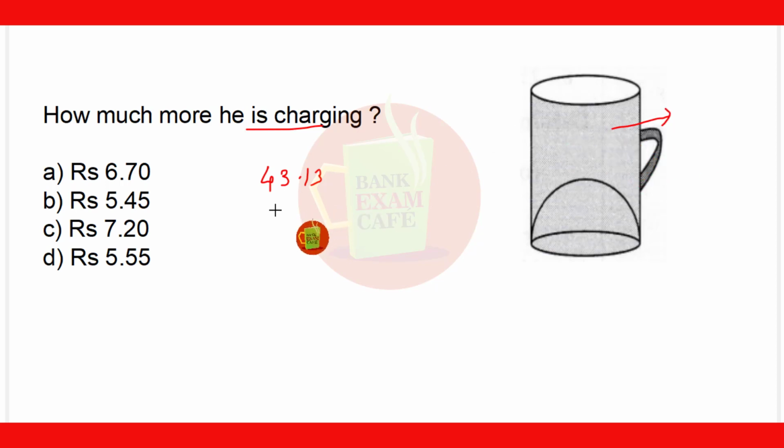But the actual charge should be 35.93. And therefore the more he is charging is 7 rupees 20 paise. And therefore friends, C option is the correct option, that he is charging rupees 7.20 more after every mug of milk.